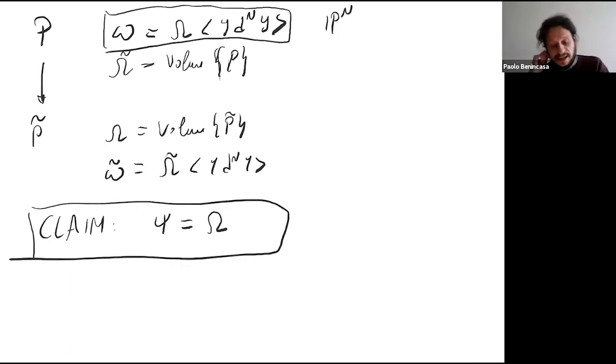Okay, and as I'm trying to stress now, this differential form has just singularities, and the singularities correspond to boundaries.